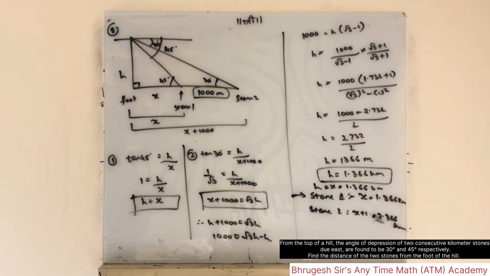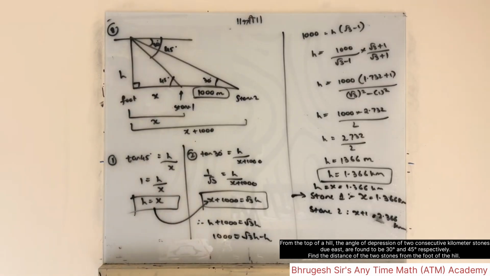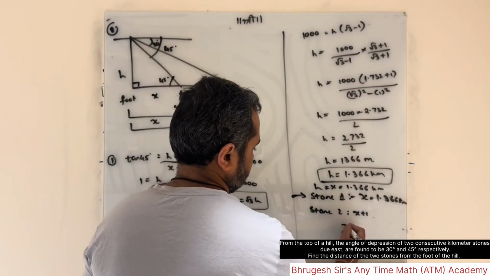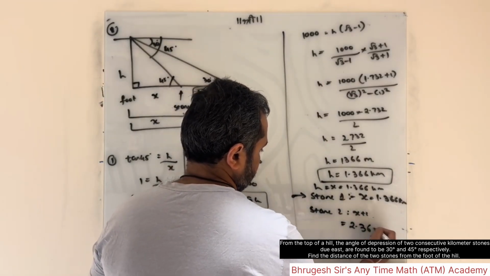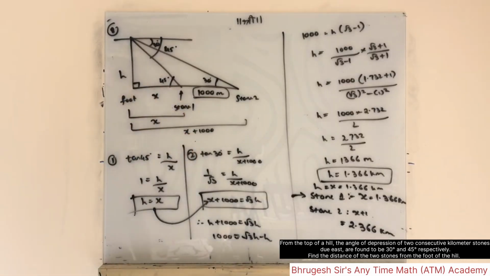So don't forget. So stone 1 is at a distance of 1.366 kilometers and stone 2 is at a distance of 2.366 kilometers. Okay, beta? Guys, are you comfortable with this particular type? Okay.